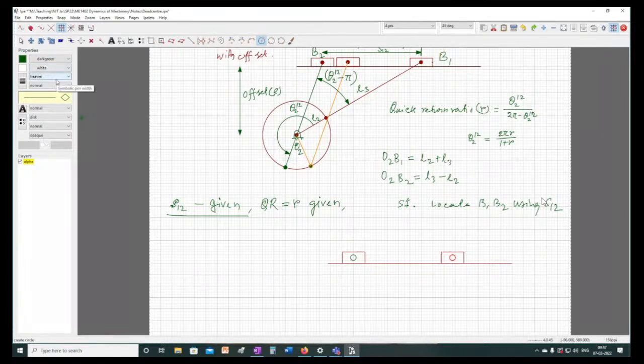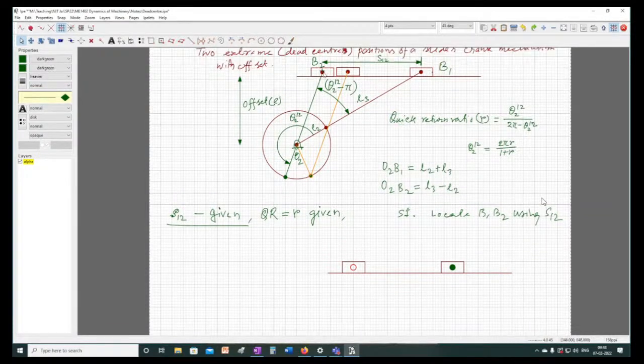Sir, is the length of the crank also given? No, the length of the crank is not given. Only this stroke length is given. Okay, sir, stroke length and quick return ratio. Two things are given: stroke length and quick return ratio.